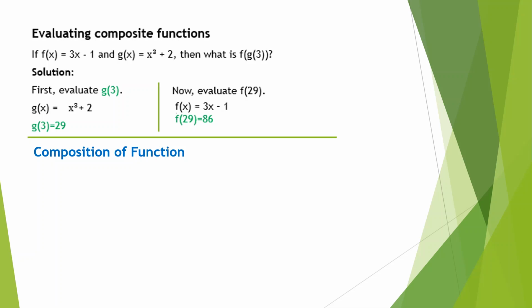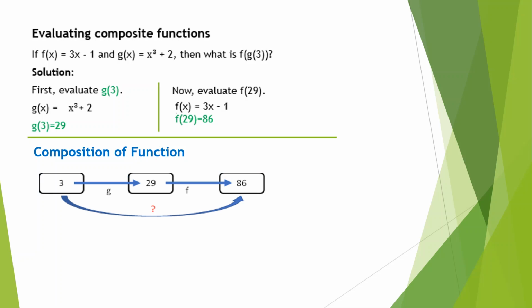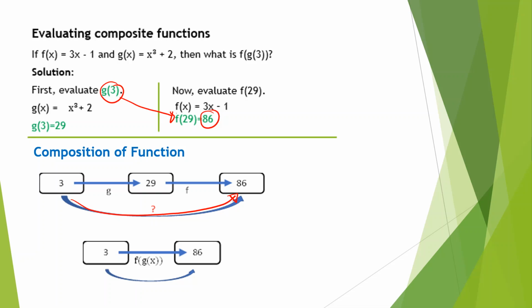In composition of functions, we will find the function that takes 3 directly to 86. To do this, we must compose functions and find f of g of x.